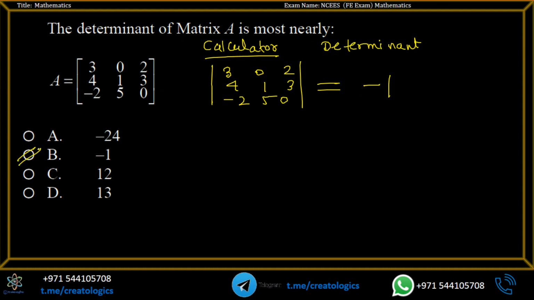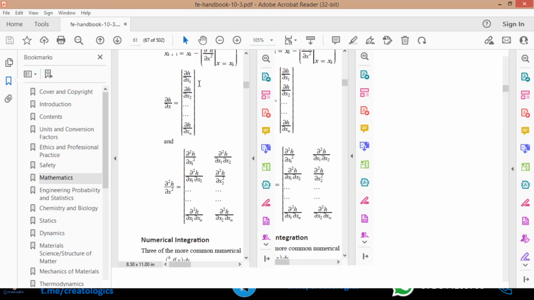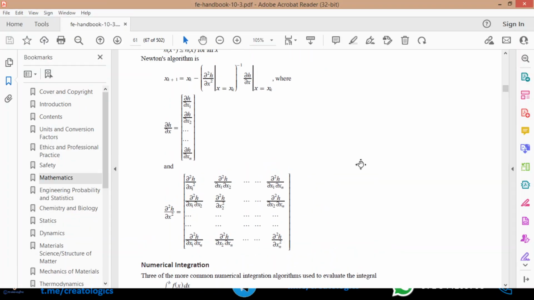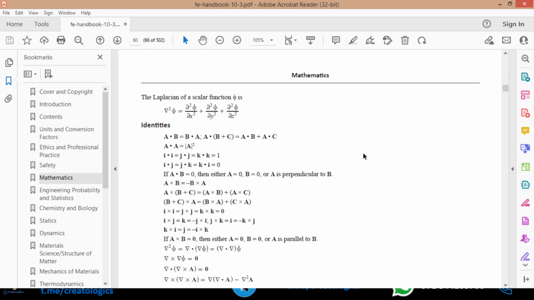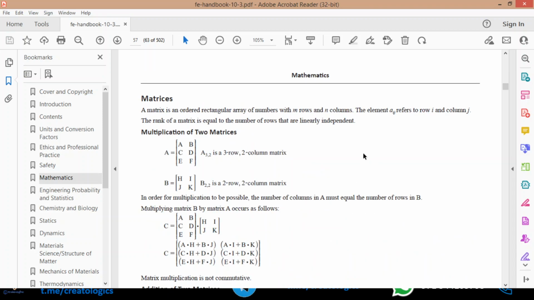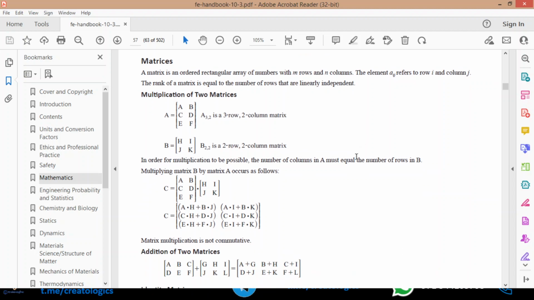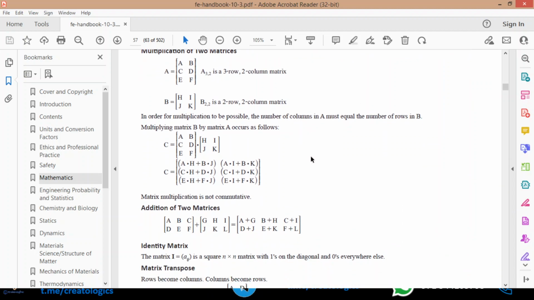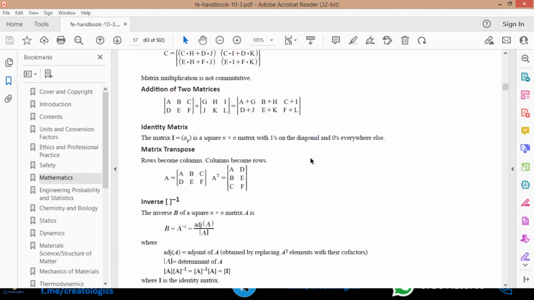See, no need to do anything, just plug in to your calculator and that gives you your value, right? How easy it is. Or you can check your handbook also. The formula to calculate the determinant of 2 by 2 and 3 by 3 is also given in the handbook, but I will not recommend it because it's very helpful to use the calculator to get the determinant value.